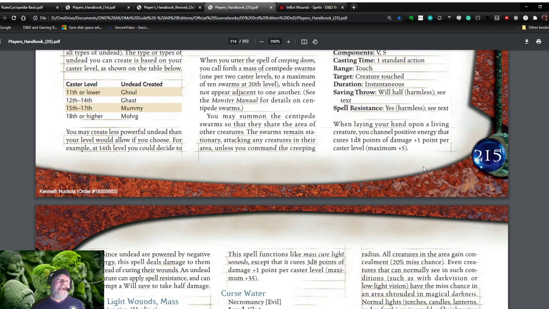So if the undead sustains damage and the cleric character wants to try to heal the damage, you could have a lot of fun when the cleric goes to cast Cure Wounds.